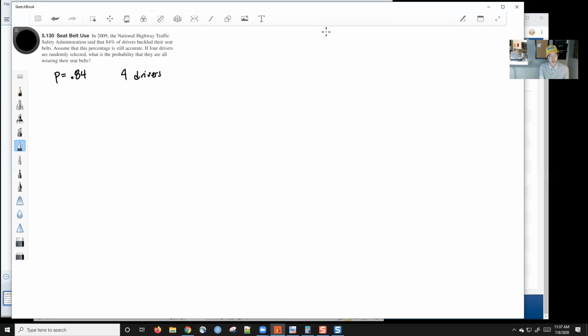So this could be binomial, but we could just basically have either yes with probability 0.84, yes wear their seatbelt, or no with probability 0.16, right? Okay, so all are wearing their seatbelts means we have to have yes, yes, yes, and yes, which would be equal to 0.84 raised to the 4th power.